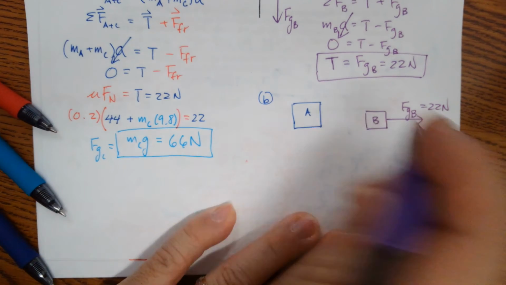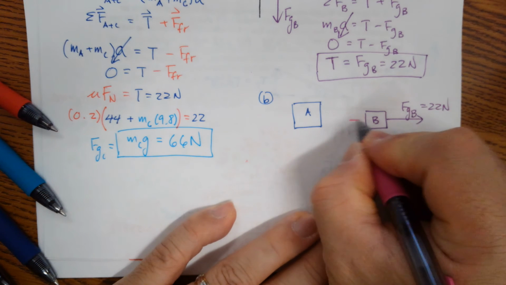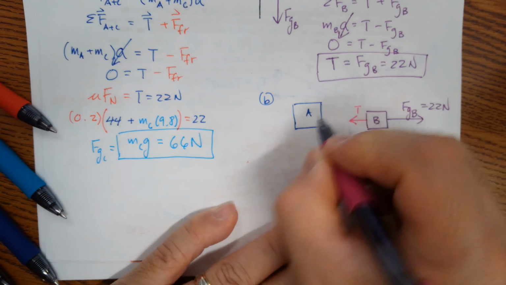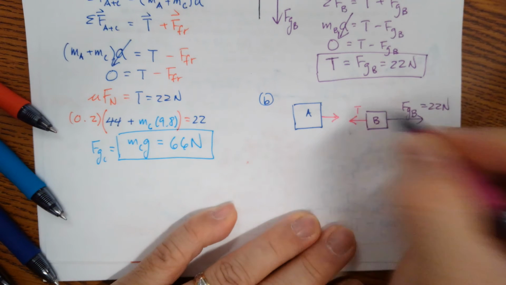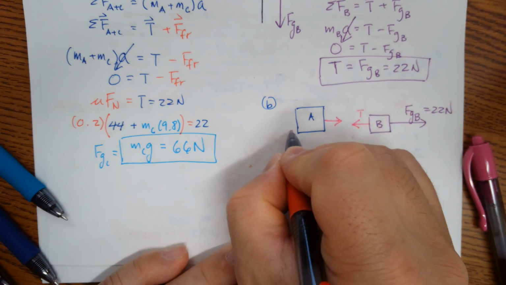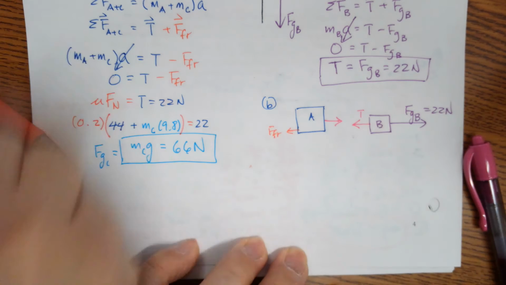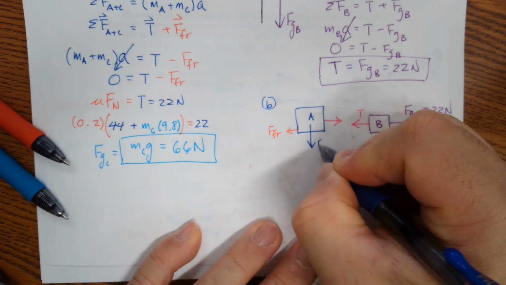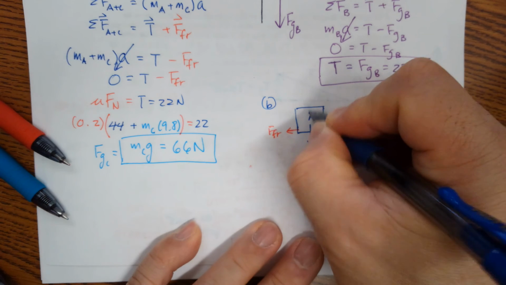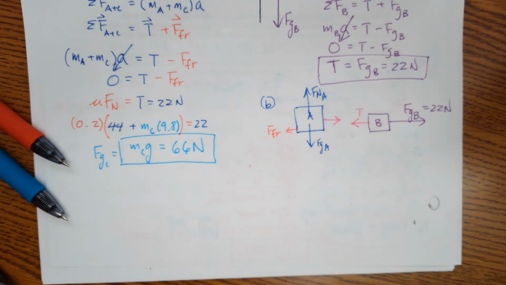And then I have tension going this way, and tension going this way, and then I have friction going this way, and then I have FGA and the normal force, like so.